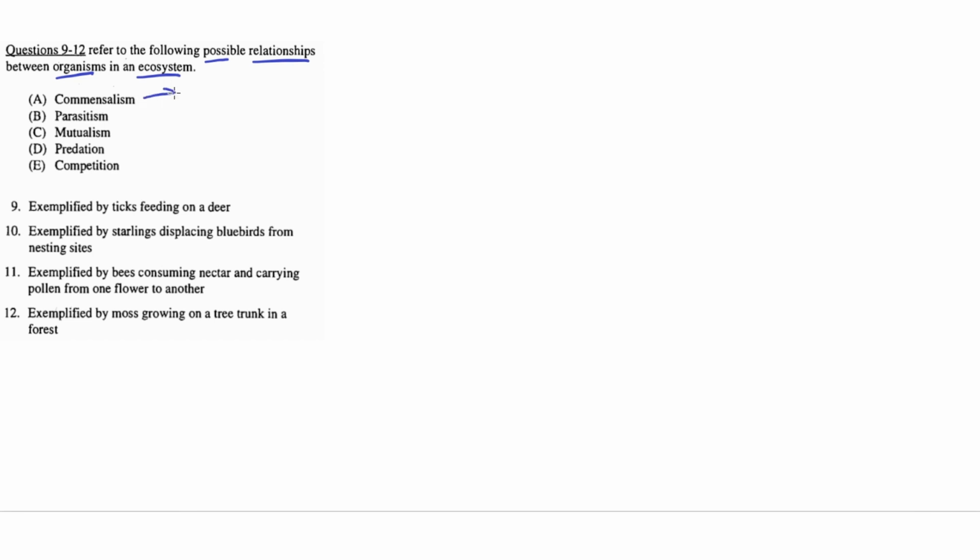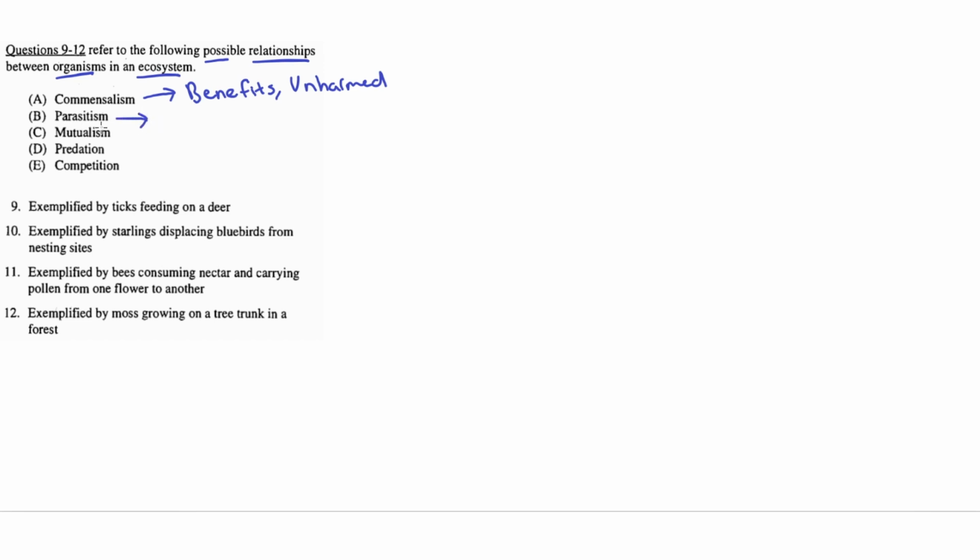So A. Commensalism. This is a relationship between organisms where one of the organisms benefits and the other is neither benefited or harmed. So let's just call that unharmed. So one of the organisms benefits and the other has no benefit or no negative. B. Parasitism.